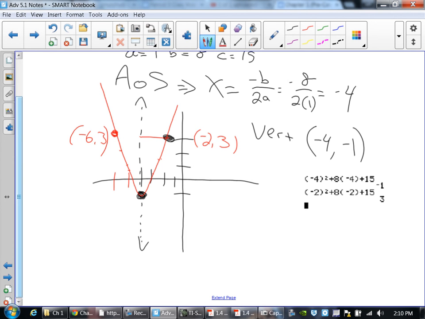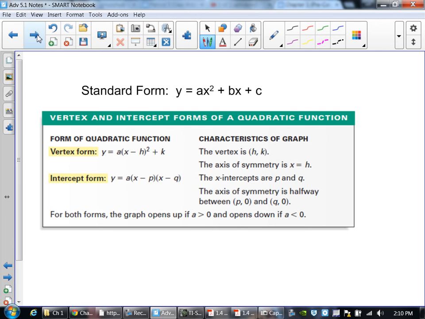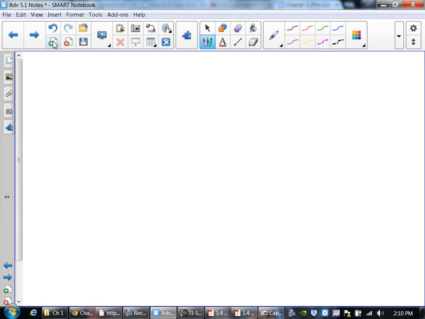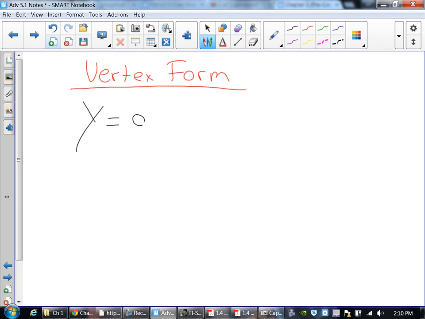The other two ways that we look at graphs now are going to be vertex form and intercept form. Let me show you vertex form. You'll recognize this.